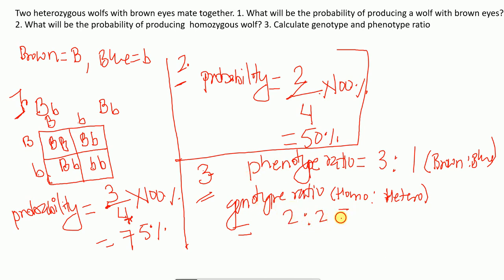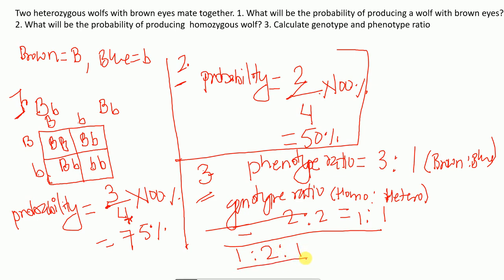2:2, which is 1:1. But if we want to do homozygous dominant versus heterozygous versus homozygous recessive, then the genotype ratio will be: homozygous dominant we have 1, heterozygous we have 2, and homozygous recessive we have 1.